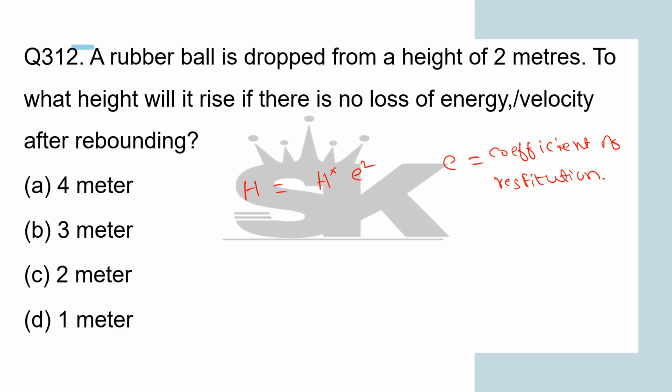H equals H star, which is 2 meters, into E equals 1, because there is no energy loss here, 1 square. So that equals 2 meters. H equals 2 meters. So here the answer is 2 meters.